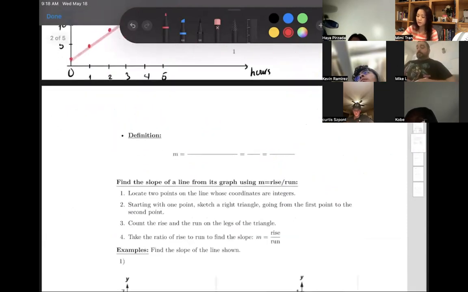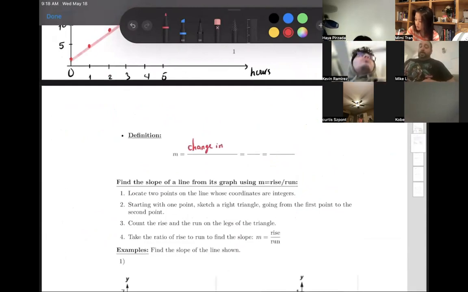So the definition, I can recap it here. I'm just going to rewrite it down here. So m is change in y over change in x, or delta y over delta x. You don't have to remember delta y, delta x, but if you do, good for you.